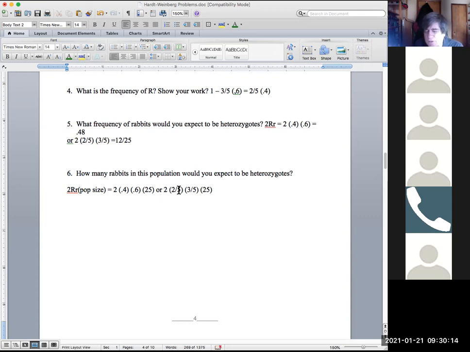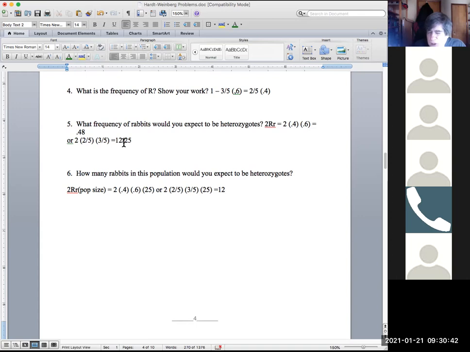Notice in this case, the fractions are probably easier because we have 25 in the numerator. We have 5 times 5, 25 in the denominator. So our answer is just 2 times 2 times 3, or 12. Which makes sense because our answer up here, if we were working number 5 with fractions, was that 12 out of every 25 rabbits would be heterozygous.